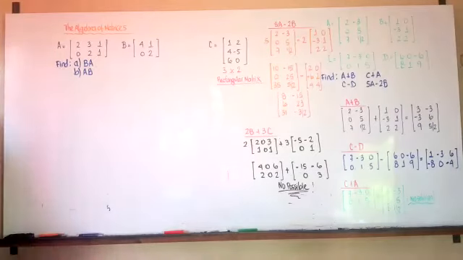Remember what I told you? There is no commutative property in matrices. Here we apply the Spanish saying: no es lo mismo decir arroz con pollo que pollo con arroz. It's totally different.